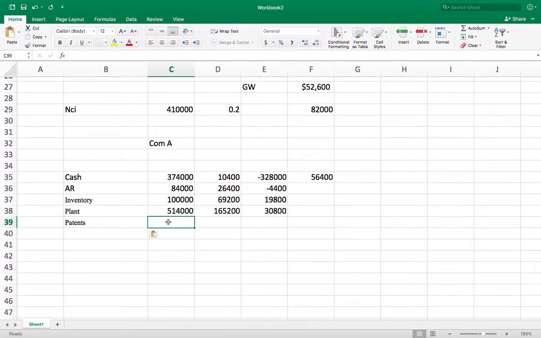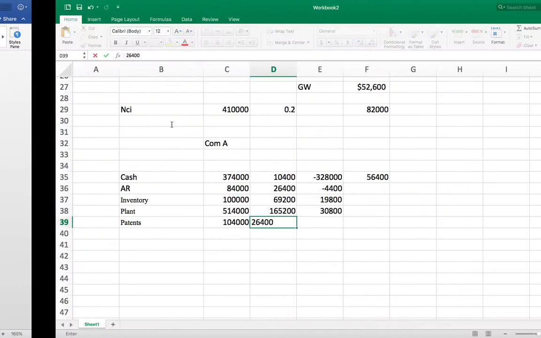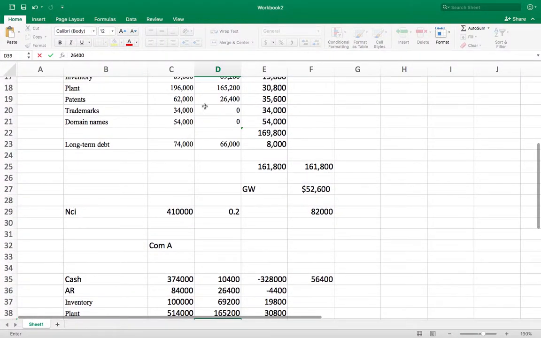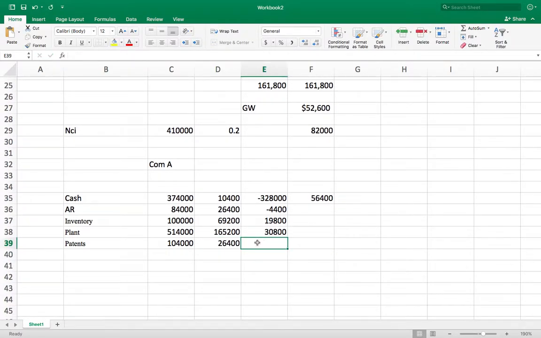So we're gonna add 104, 26,400, and the difference between these two is 35,600.